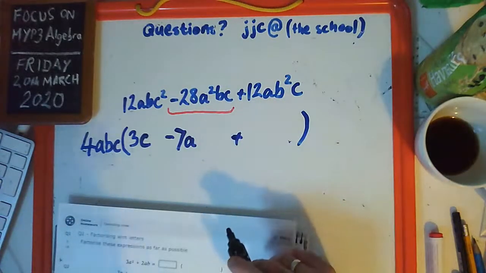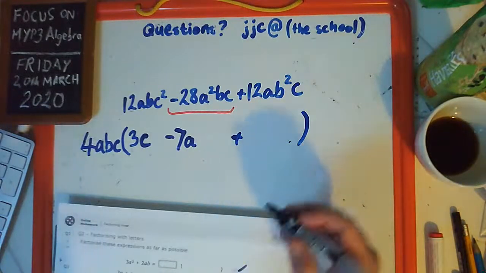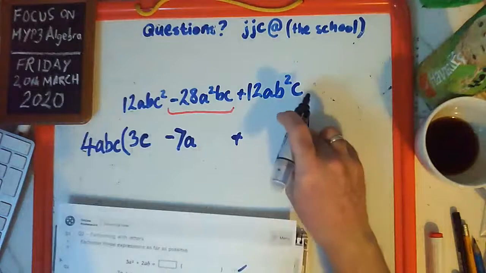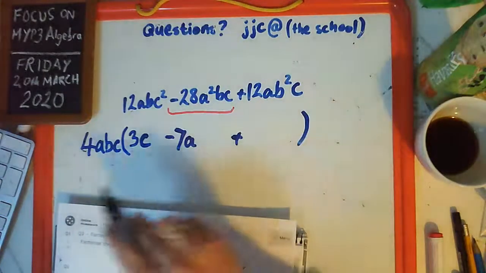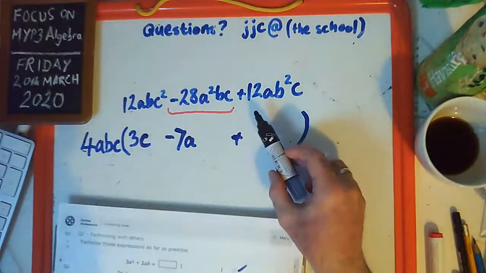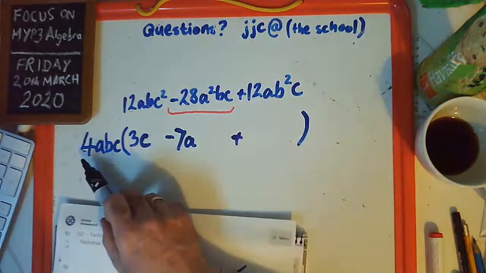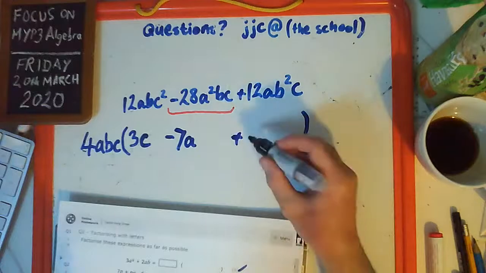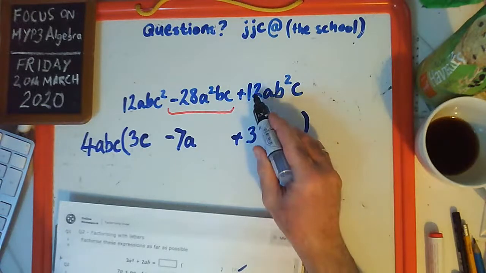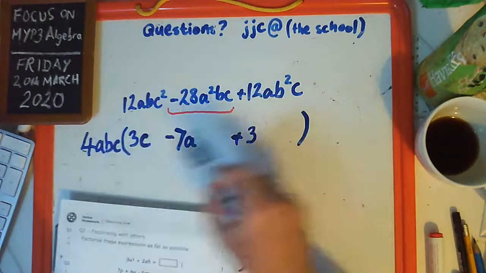I know it's hard to follow along. It's a lot of letters, but the principle is the same for all of them. Okay, now I'm trying to get 12ab squared c. So 4 times 3 will give me the 12. I don't need to do anything with the a's.